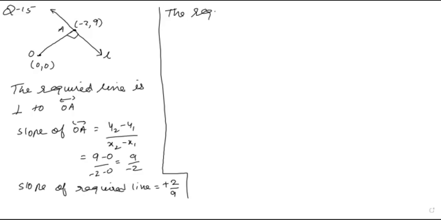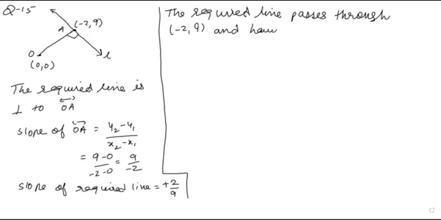The required line passes through (minus 2, 9) and having slope 2 by 9. Here point slope form will be used.